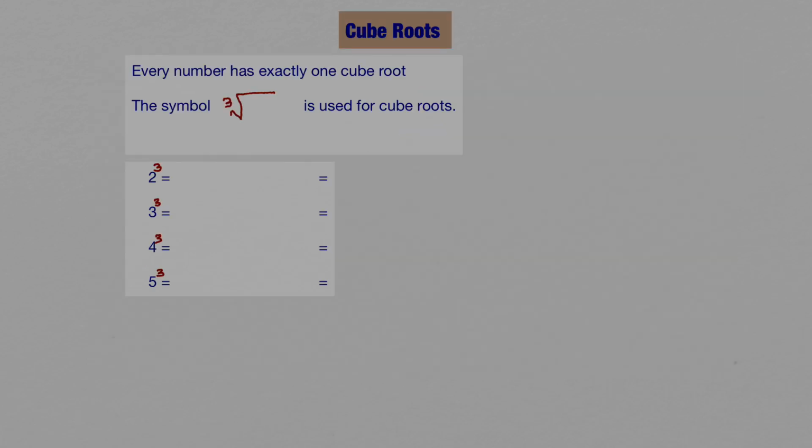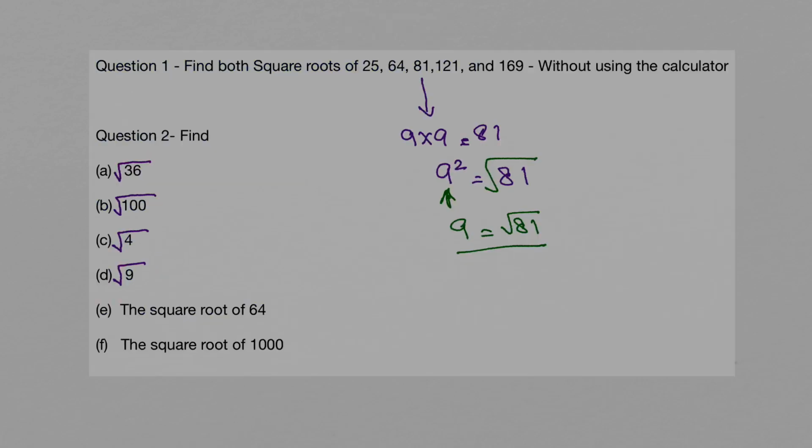Now the next topic is cube roots. Every number has exactly one cube root, whereas square roots have both a positive and a negative square root.